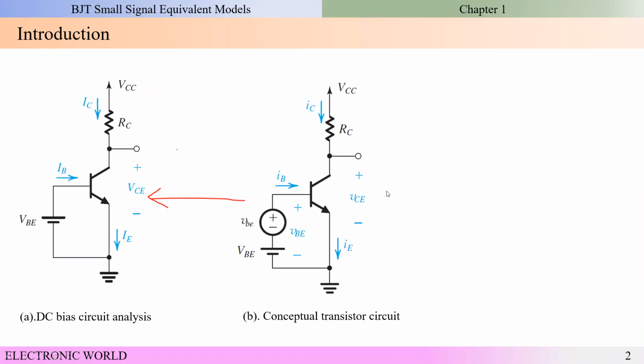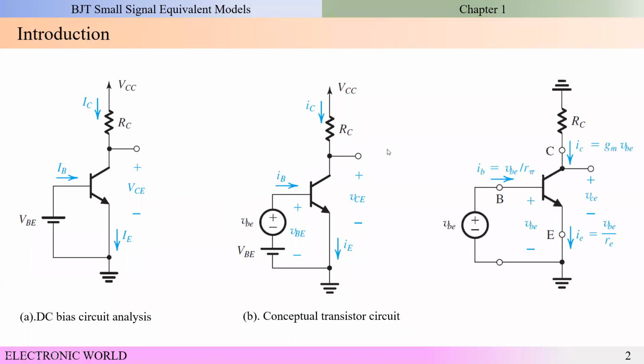So how can we get the small signal equivalent circuit using this conceptual transistor circuit? To get the small signal equivalent circuit, we short circuit the bias voltage sources. We short circuit the bias voltage sources, and these voltage sources we connect to the ground. From that we can obtain the small signal equivalent model.